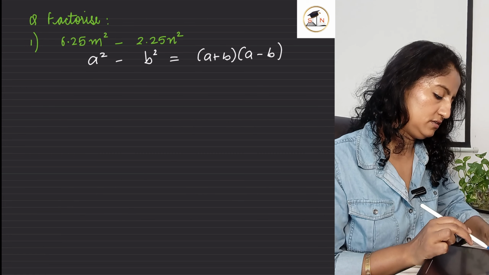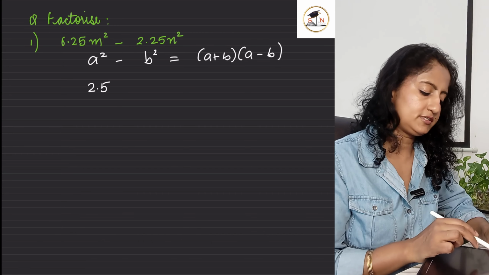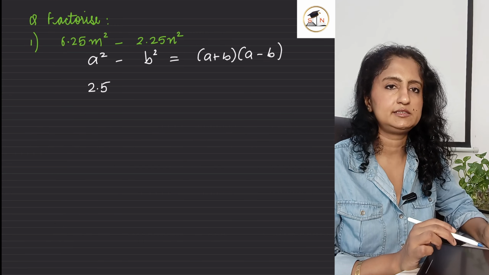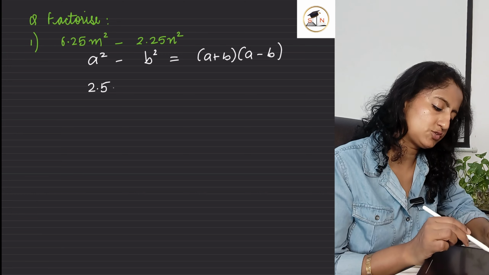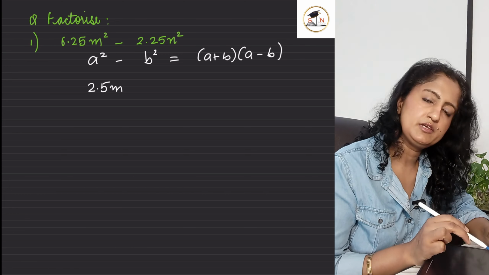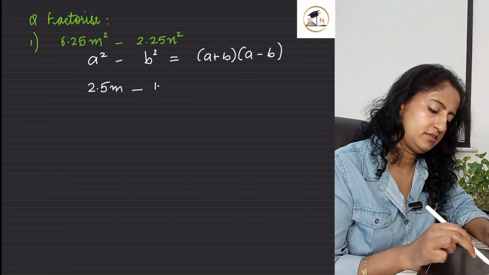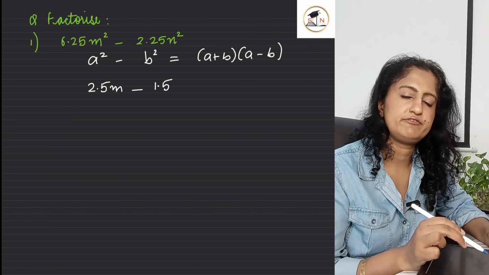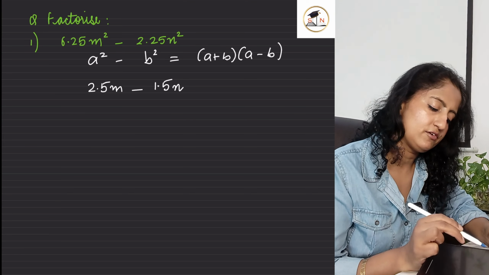It is 2.5, right? Because 6.25 had 2 decimal places, so the square root should have only 1 decimal place, and the square root of m square is m, right? Then what is the square root of 2.25? 1.5, and the square root of n square is n, right?